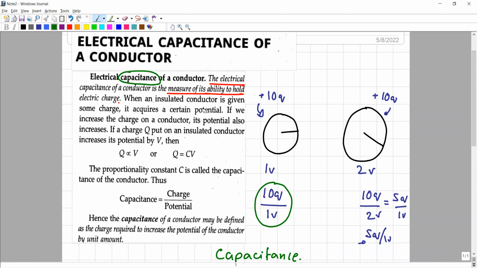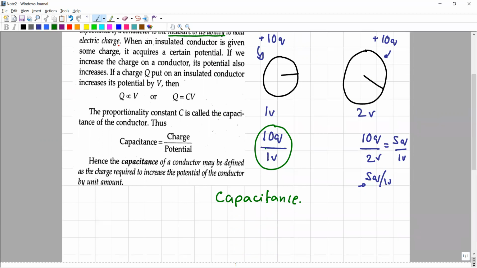Capacitance is a measure of ability. That means it's a characteristic of a conductor that decides how much charge it can hold for a 1 volt rise in potential. So this has a capacitance of 10q per volt, and this has a capacitance of 5q per volt.